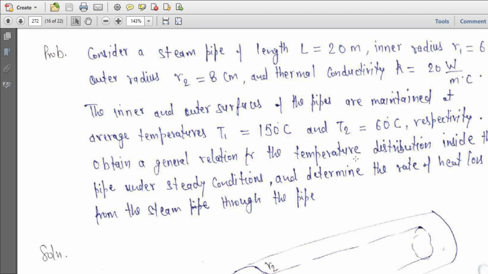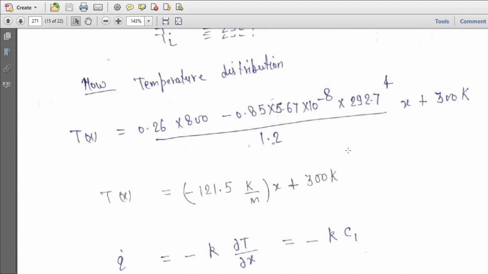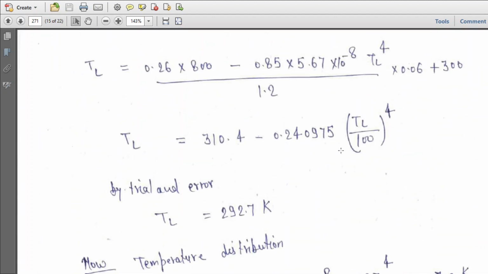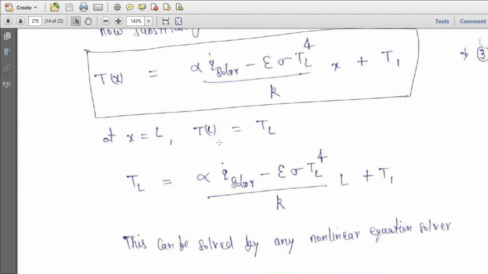Now consider in the previous case, in case of absence of solar radiation, what will change? In case of no solar radiation, only this alpha term would become 0. So this term will vanish, and then you can do the rest of the calculation the same way.